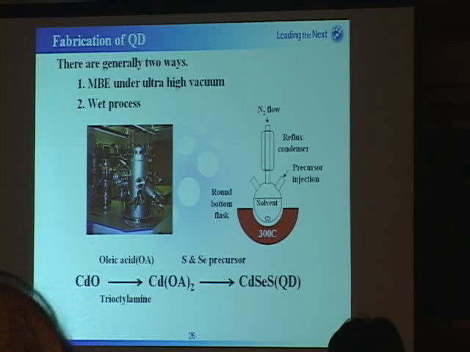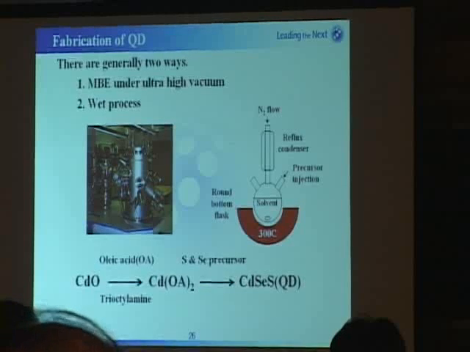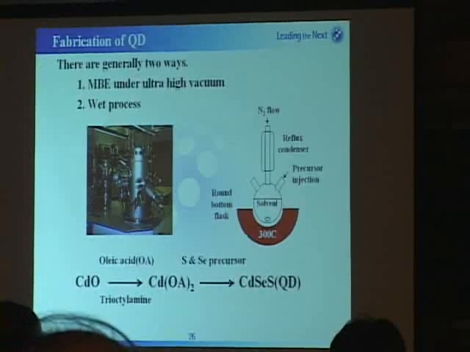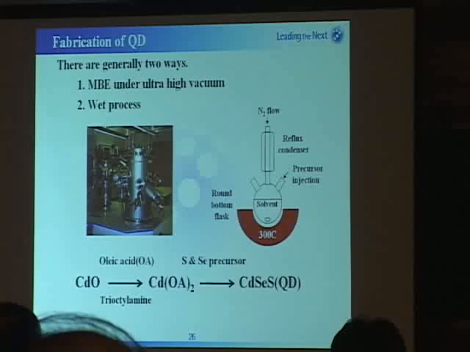This technique is well known in organic semiconductor device areas. In this case, a very expensive instrument is required. The second is a wet process. To fabricate a flexible display, we choose this wet process.